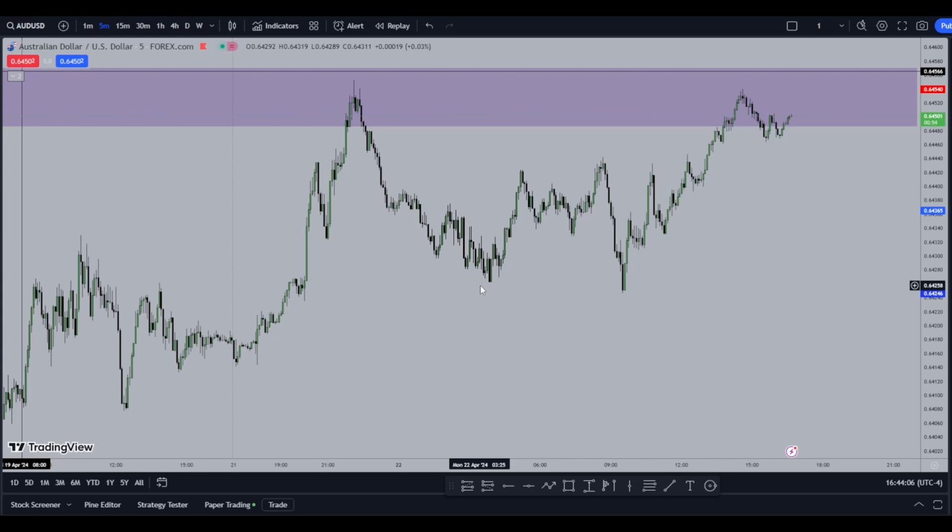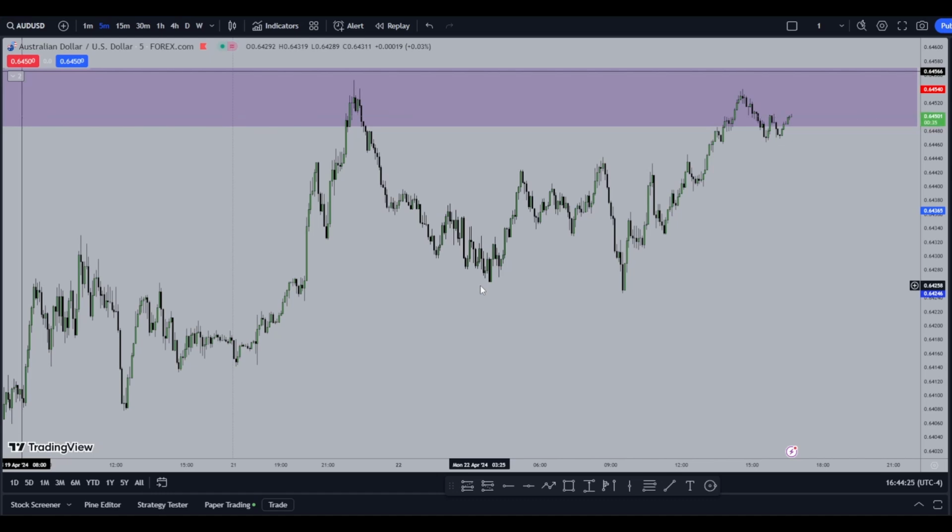So what is bias? Bias is getting to know the higher time frame narrative, where the higher time frame is going, because we are trading on a smaller time frame, 5-minute, and we understood that we should not look at the daily time frame if we want to trade on the 5-minute time frame.